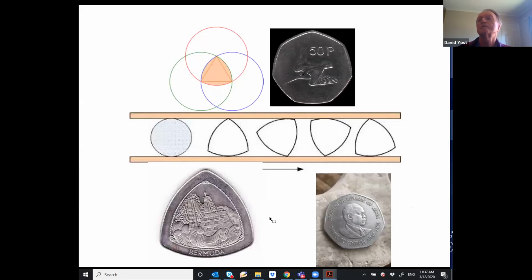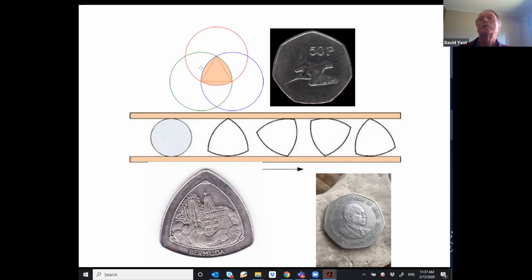Here are some more examples, some coins, but one of our favorite pictures, a Venn diagram of three intersecting sets, actually gives us a curve of constant width. The shaded region in the middle is the so-called Reuleaux triangle.